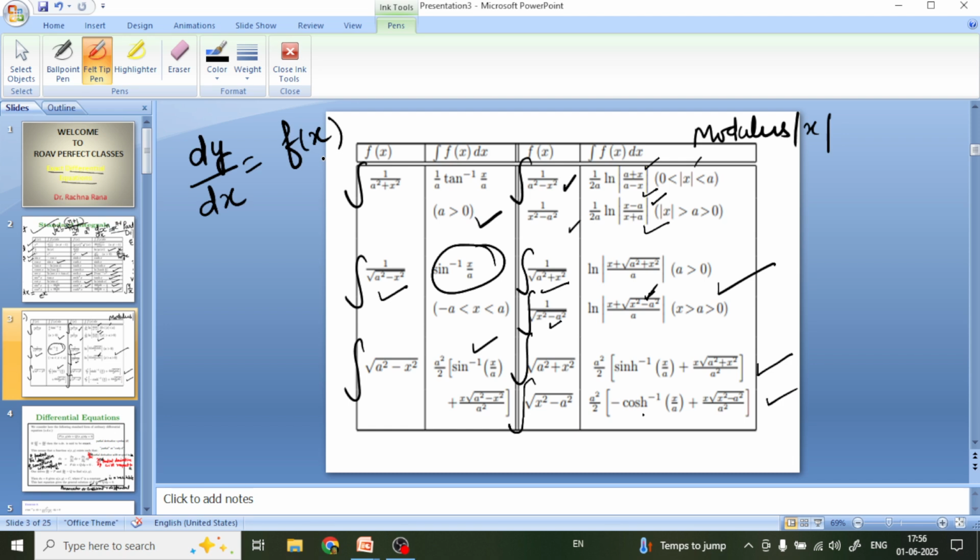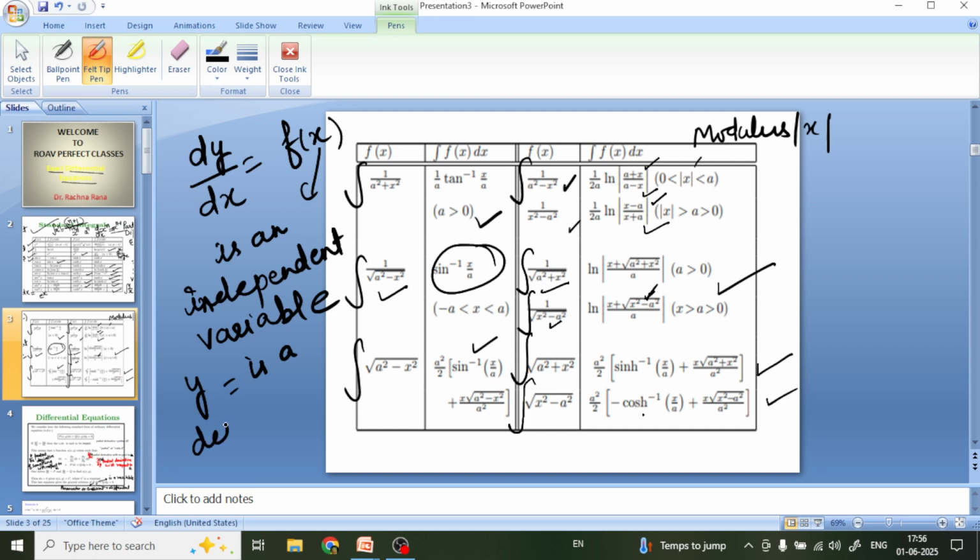Here x is the independent variable and y is the dependent variable.